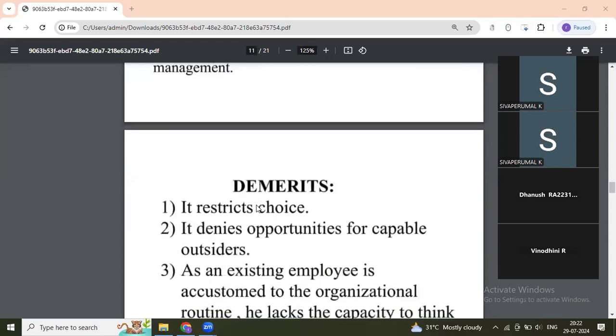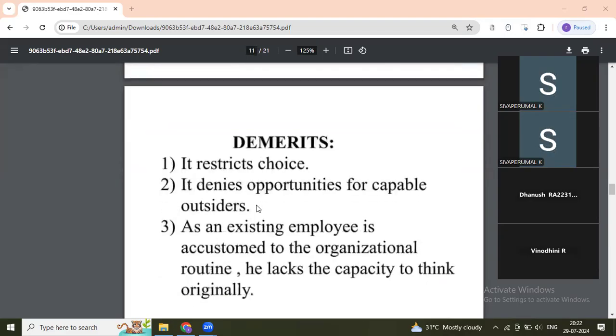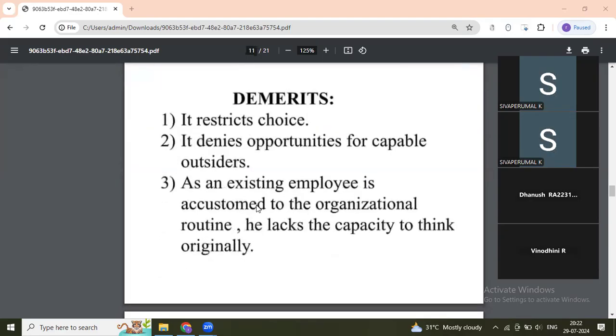Next, even though we have a lot of merits in this recruitment process, somehow we have some demerits also. The first one is, it restricts choice. Of course, if we go for internal recruitment, only the available persons can be hired to the next level, right? Whether the person is potential and efficient or not, we don't have any choice.